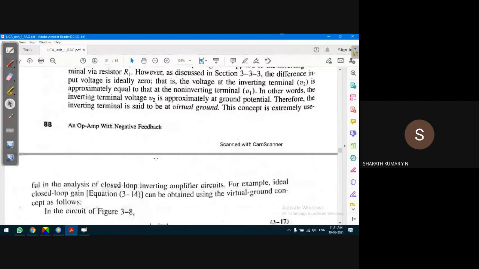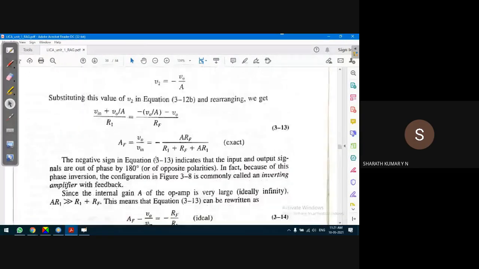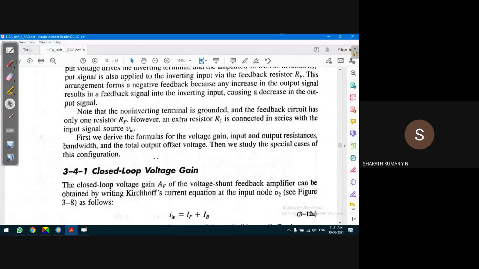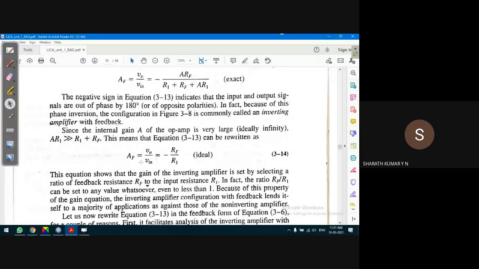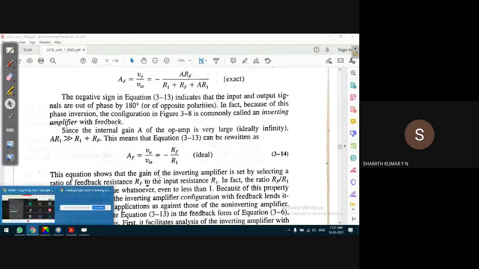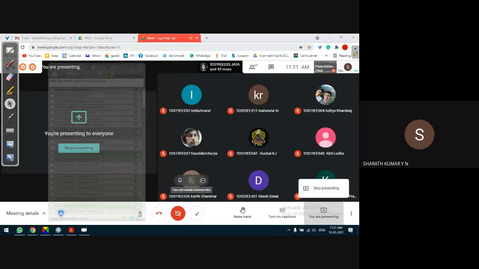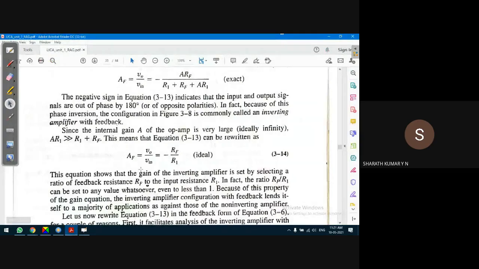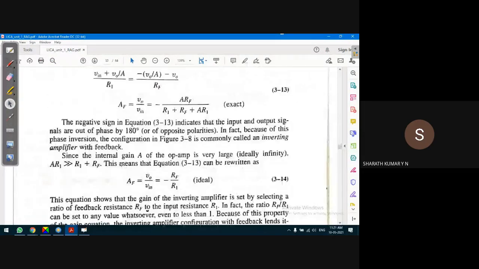Okay, virtual ground concept we'll discuss. I think last class we were discussing closed loop voltage gain. Did we discuss? Please hold on a second. I'll share the screen. Okay, this is already shared. No issues. I thought it had stopped sharing. No problem. Okay, this closed loop voltage gain, I think last class we discussed.